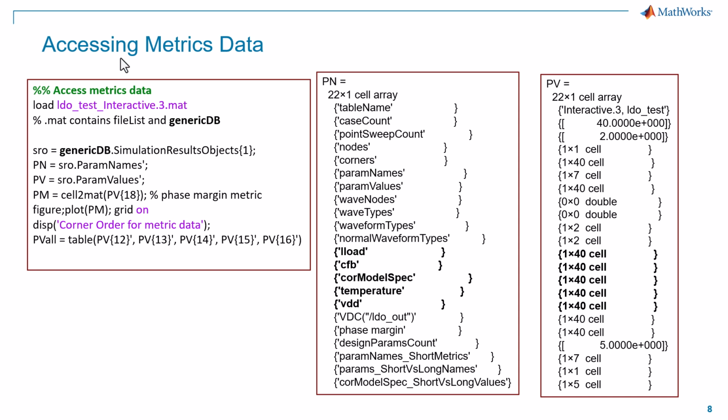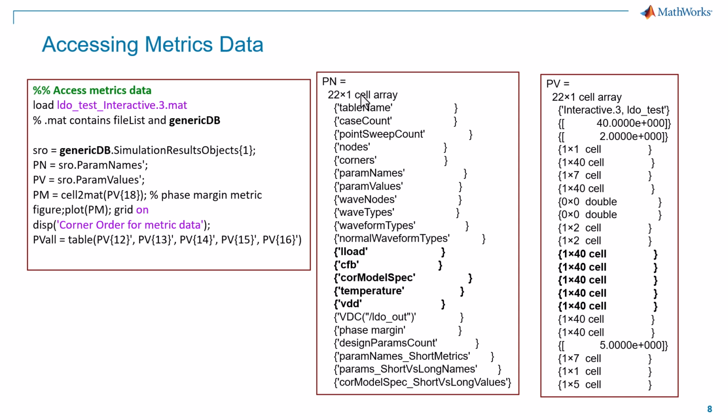What you'll notice about metrics data in particular is that it's a little bit more involved than accessing waveform data. The reason is that when you're working with metrics data, you could be computing anything. With waveform data, you only have volts versus time or current versus time, something relatively simple, maybe power versus time. With metrics data, you could be computing any arbitrary quantity.